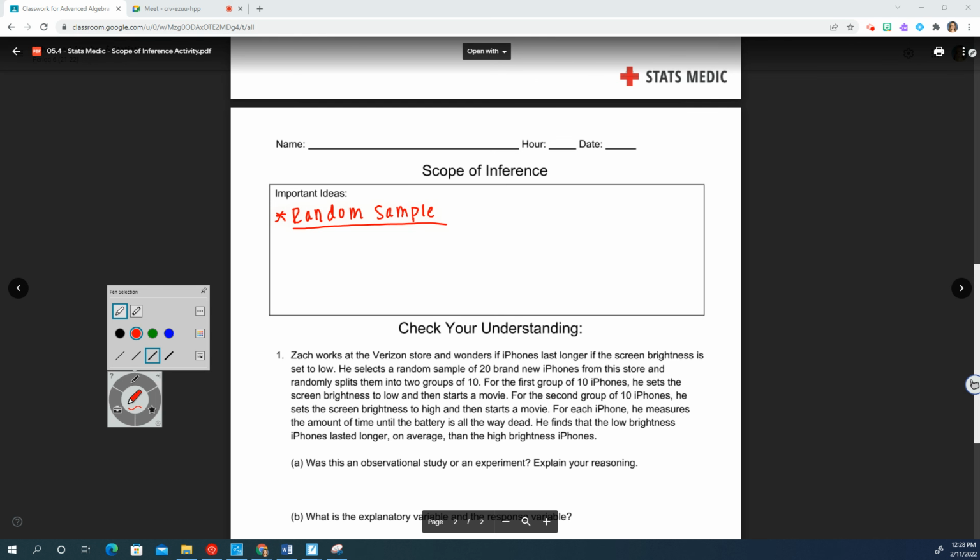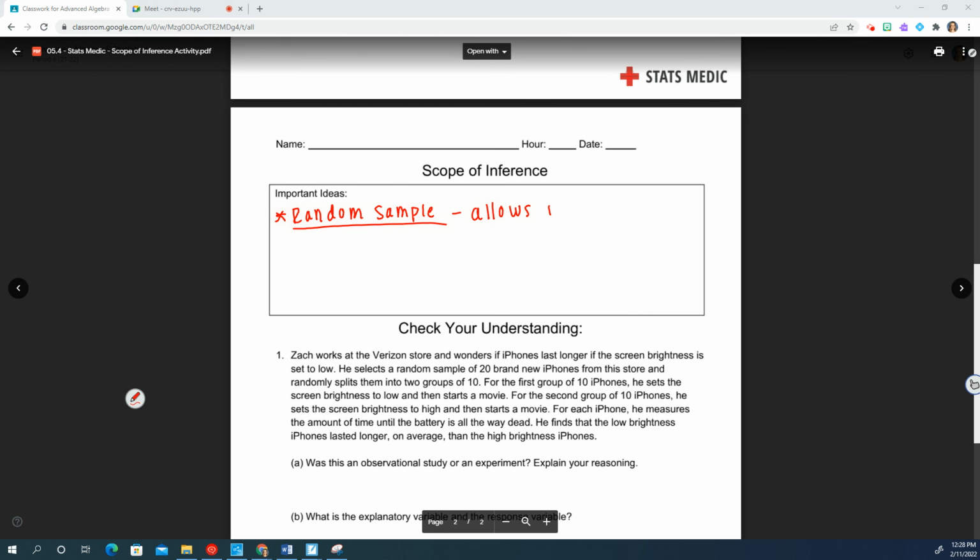Random sample allows us to generalize our conclusions to the population from which we sampled. I had put that in your notes for you too.